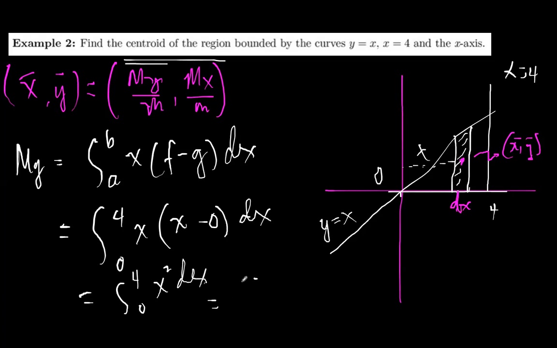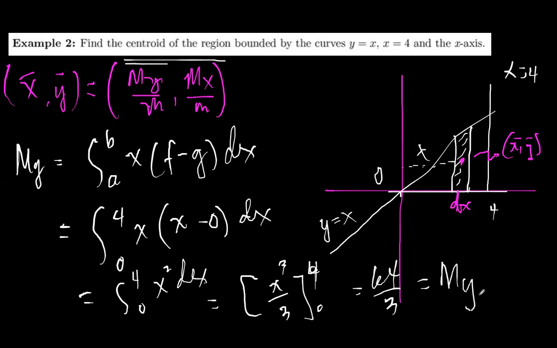And this is equal to x cubed over 3 from 0 to 4, which is equal to 64 over 3. This is our M sub y, the moment about the y-axis. And let's solve for the moment about the x-axis.